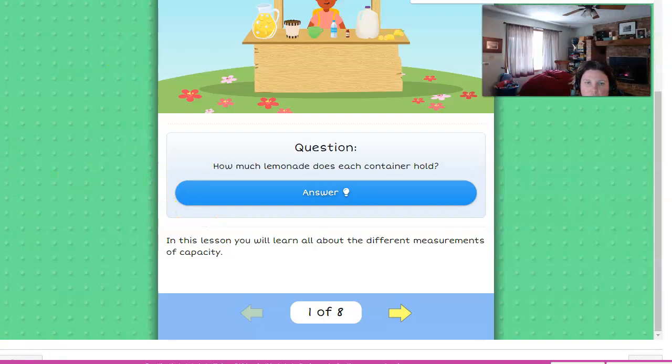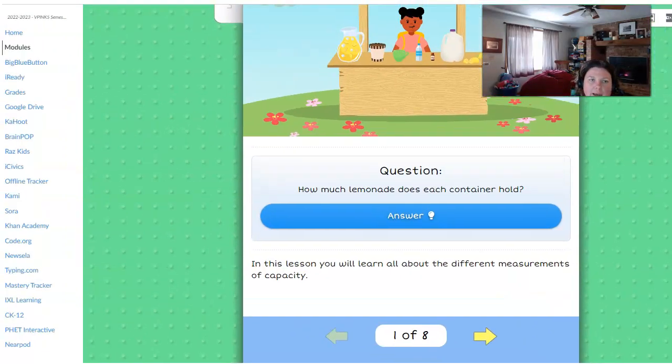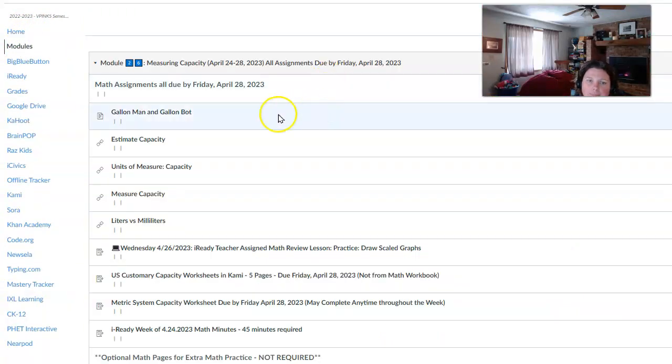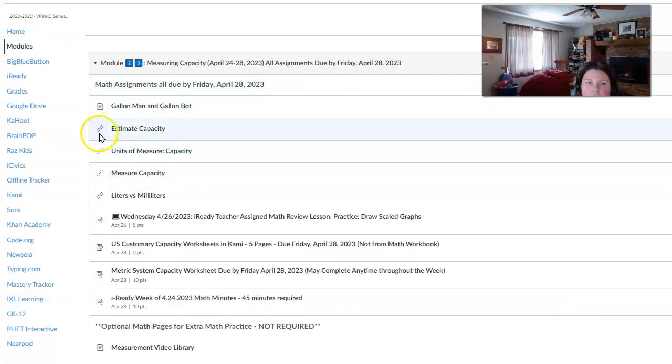So let me show you real quick where you'll see your math assignments. I'm going to click back into modules. The links are the lessons that will teach you about capacity, units of measurement, measuring capacity, and liters and milliliters.